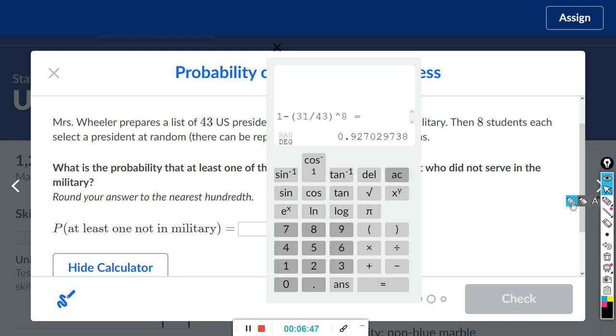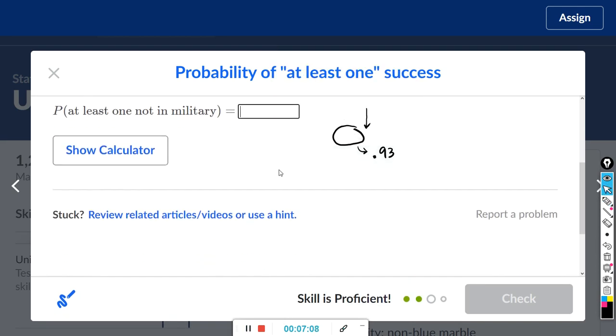That's 2 decimal places. So you want to go to the 3rd decimal, and if it's 5 or more, you round it up. So this 0.92 becomes 0.93. Okay, and you just enter that in the box. So click inside the box and just type 0.93.